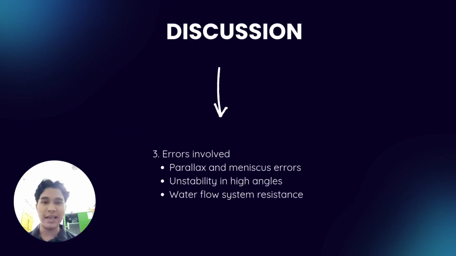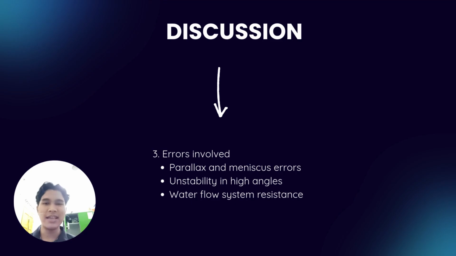Now the final concept that needs to be understood really carefully is the errors involved, because this is not an ideal system. The first major error that occurred in this experiment is the parallax and meniscus error. This is due to human eye level that is not parallel to the water meniscus, and sometimes there are even water bubbles that affect the meniscus of the water itself. The second one is the instability of flow in higher angles.